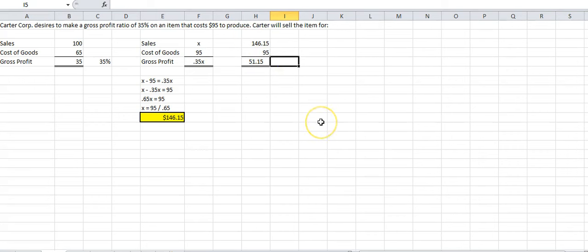Well, let's see if that's true. Let's just take this divided by this, and it should give me a 0.35. And it does give me a 0.35. So it gives me 35%. So the sales price has to be 146.15. This is how you solve it.